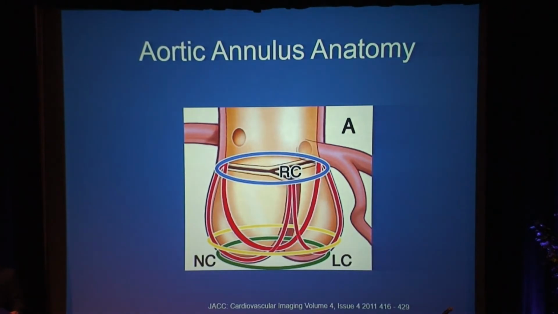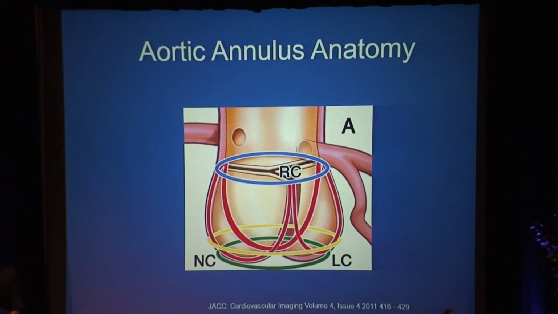So I've talked about the high incidence of paravalvular leak and the poor prognosis associated with it. So it becomes very important when you're sizing the valve to be able to obtain adequate size, and imaging becomes very important.